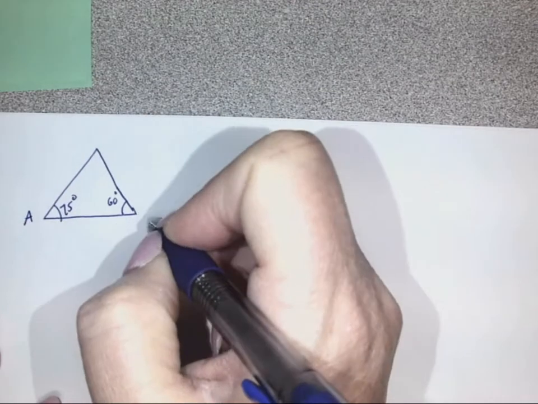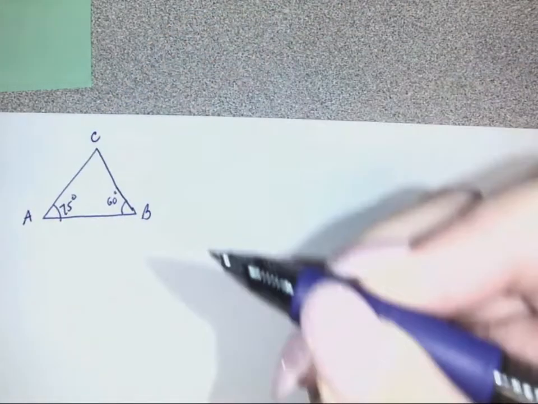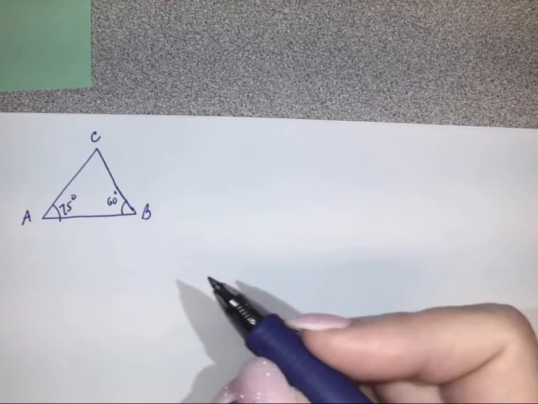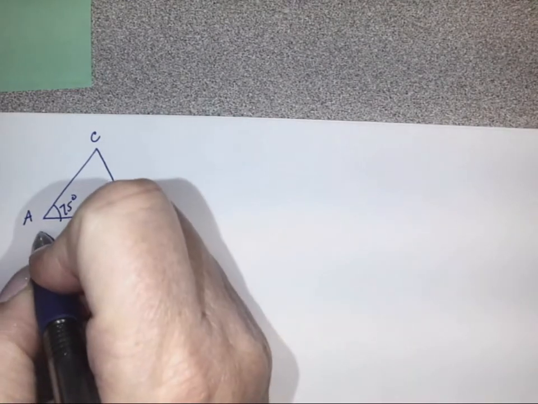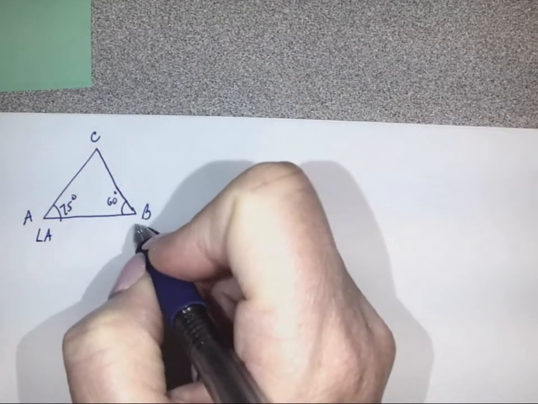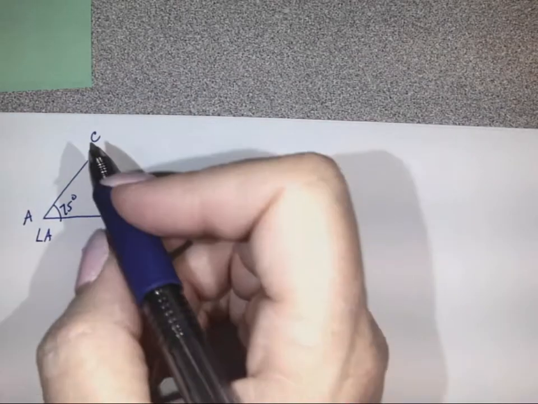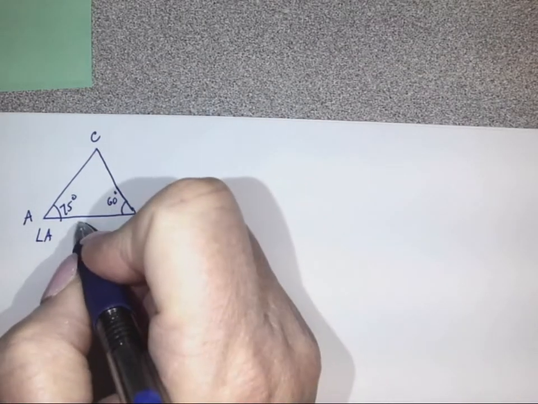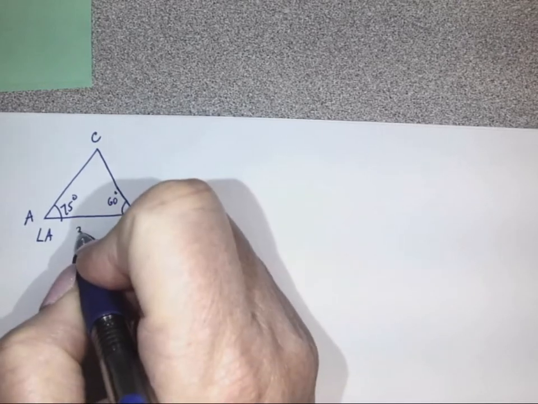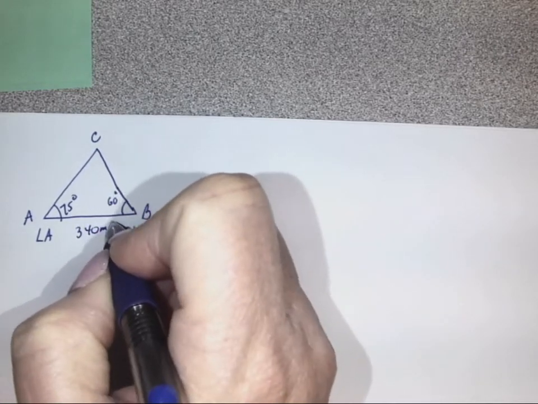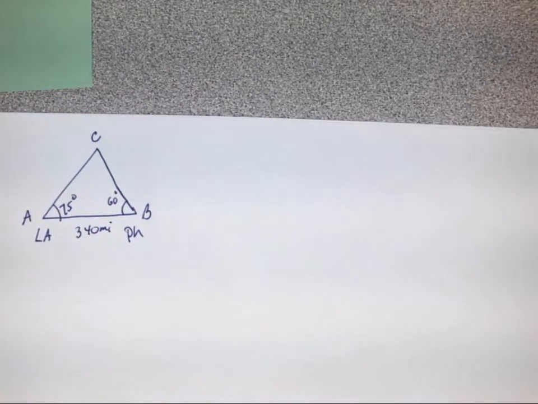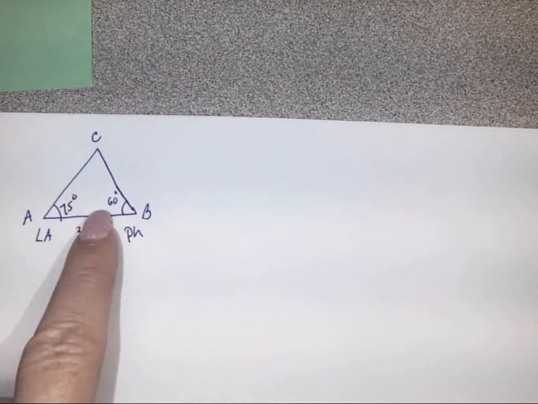They've got this A, B, and C. I'm just kind of replicating the picture. And this is LA. And then this is going to be Phoenix. And we are told that they are 340 miles apart from each other.